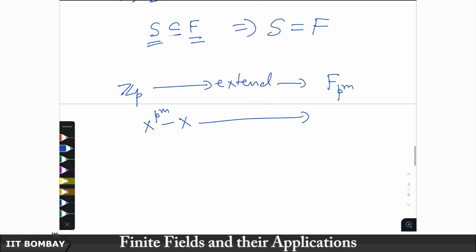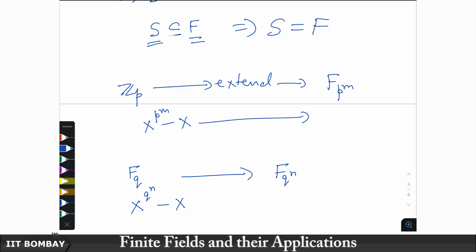But we can start with any field, let us say F q, where q itself may be a prime power, not necessarily a prime number, but a power of a prime number. And we can take a polynomial over this field, which is x power q power n minus x. Its splitting field will give us F q power n directly.